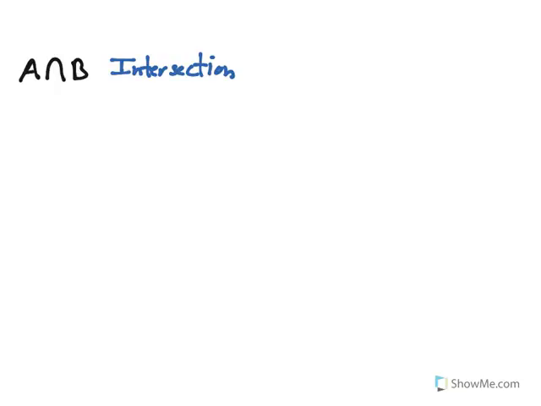And the intersection is the easiest to understand because it basically means that the elements will share commonality in both sets A and B. In other words, they're going to be in both sets. So this is the intersection, and it's going to be elements in both sets. You'll see what I mean when I draw the Venn diagram, okay?